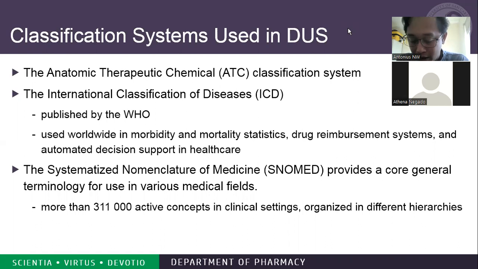So if a patient comes to that hospital, then the diagnosis in the system will also include the code from the ICD. For example, the peptic ulcer disease may be coded as J something and so on.